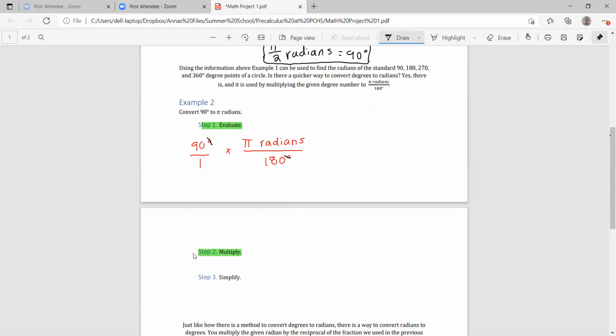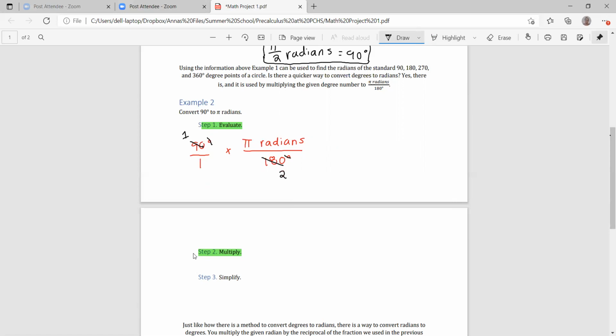So now that we have the degrees covered, we need to simplify this. We're going to do this by crossing out 90 and 180: we convert 90 to 1, and 180 divided by 90 is simply 2.